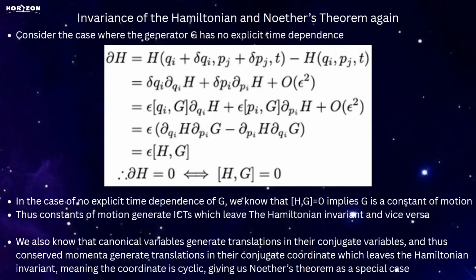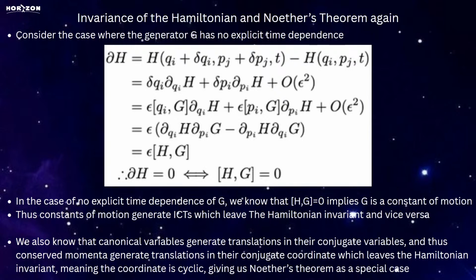Doesn't this seem familiar? This is actually Noether's theorem in disguise. We know that if momentum is the generator, translations in position or canonical coordinates are generated. And this results in the Hamiltonian being invariant.